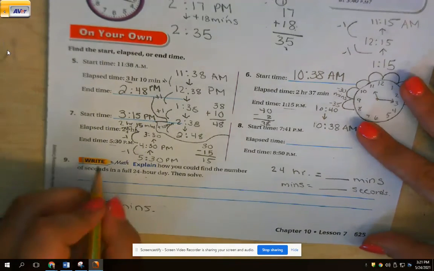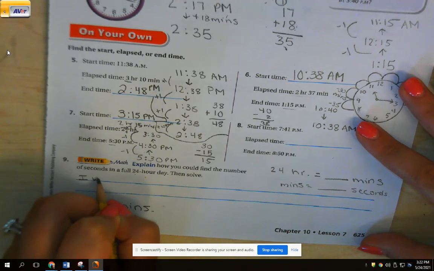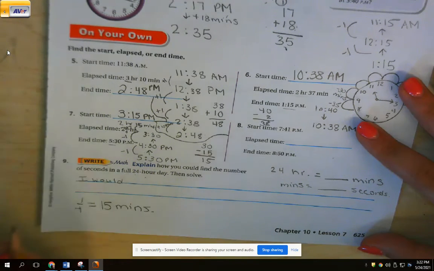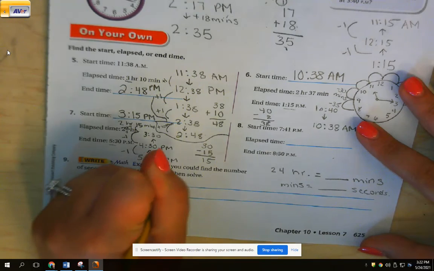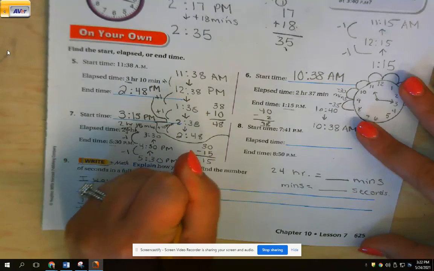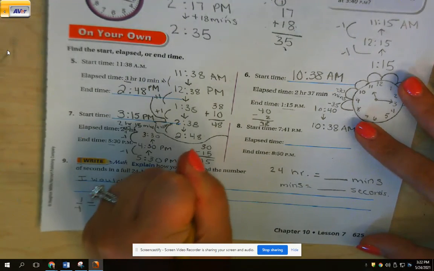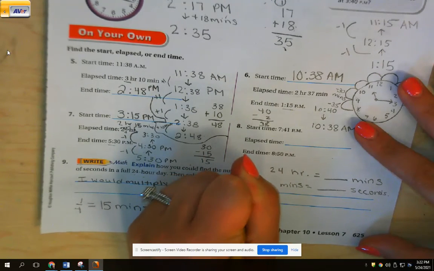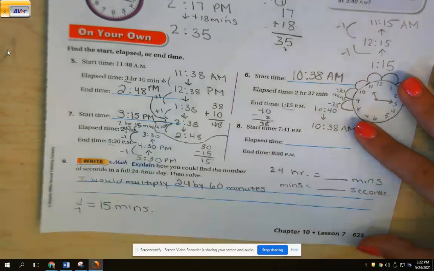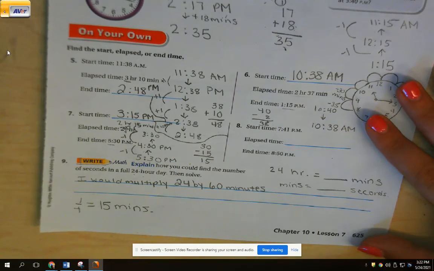So first you'd have to multiply. So everybody writes, I would multiply 24 by 60 minutes. Right? Because there are 60 minutes in 1 hour, but we have 24 hours. So first I would multiply 24 by 60 minutes.